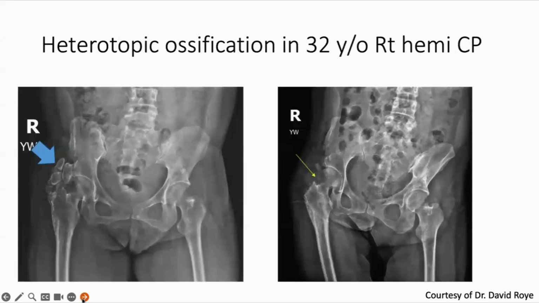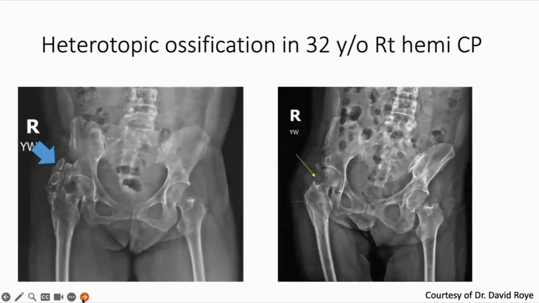And this patient is 32 years old, with right hemiplegic cerebral palsy, who came with the chief complaint of right hip stiffness rather than spasticity. The patient was followed by an orthopedic surgeon regularly when she was young. However, when she entered adulthood, there was no continuum of care.